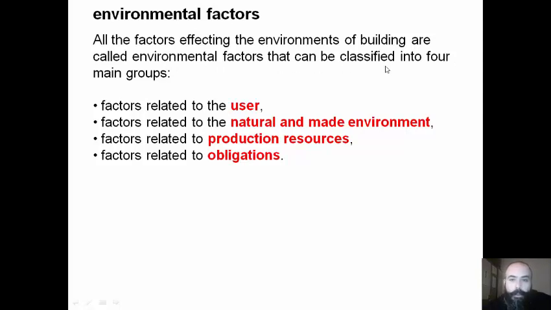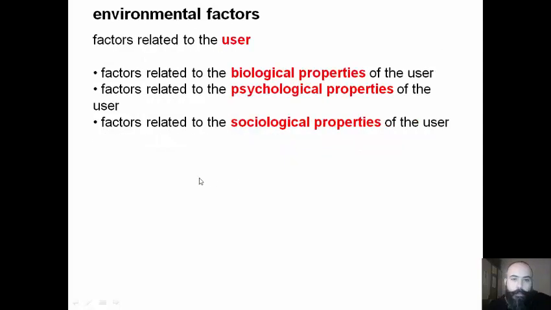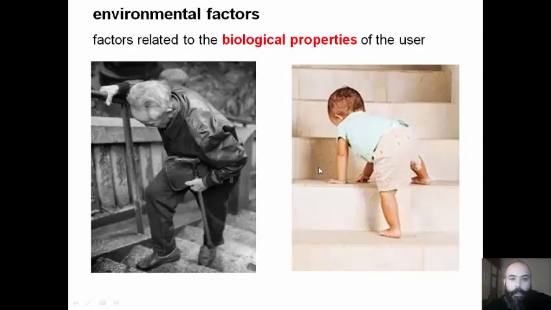We can classify them into four main groups: factors related to user, natural and made environment, production resources, and obligations. The factors related to user can be analyzed, examined under biological properties, psychological properties, or sociological properties.